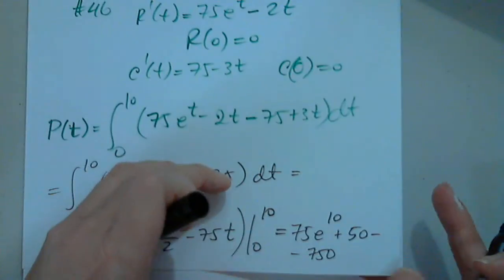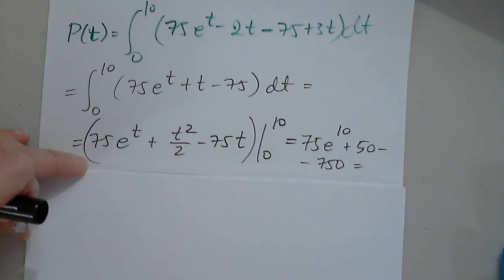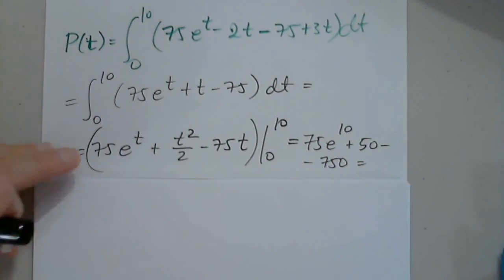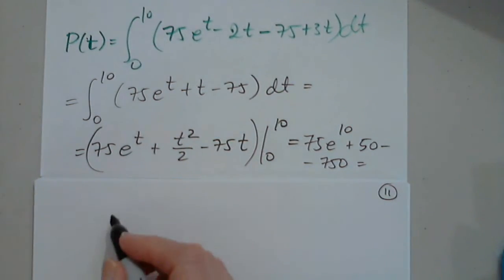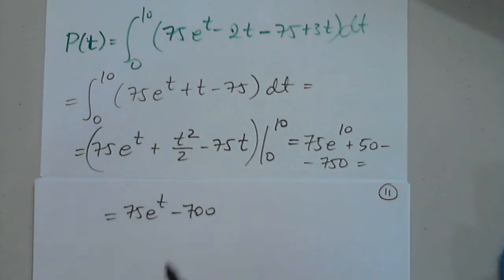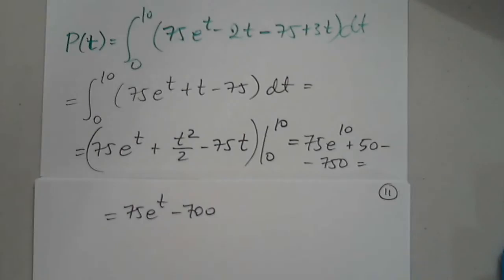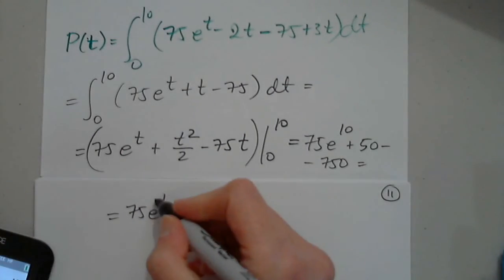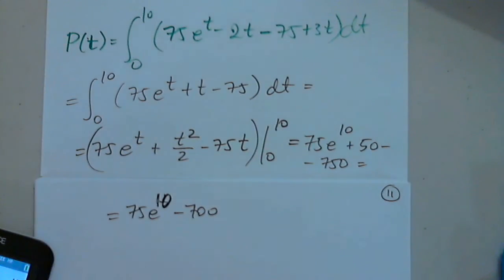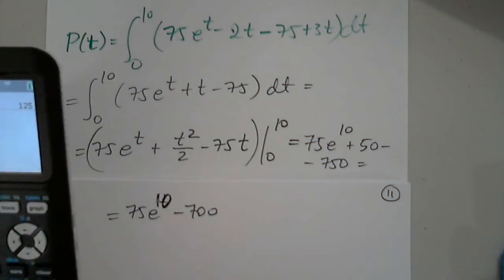So it's 75 e to 10 minus 700. Where's my calculator? 75 e to 10, of course.